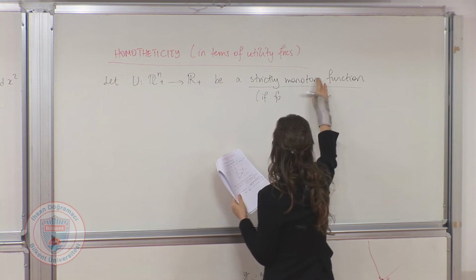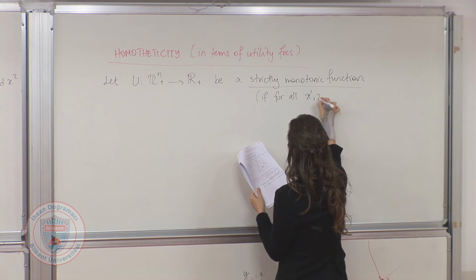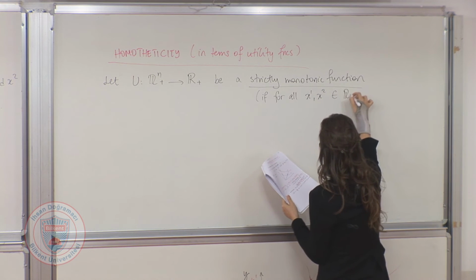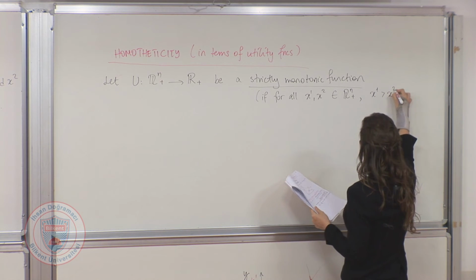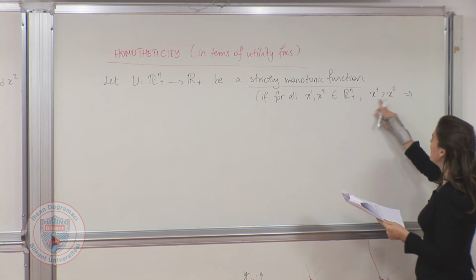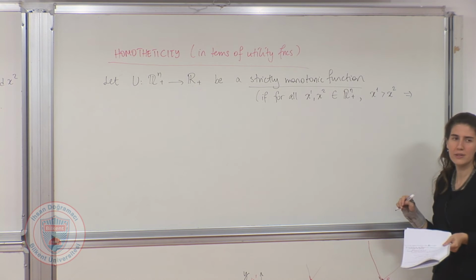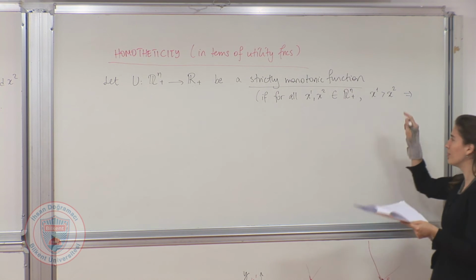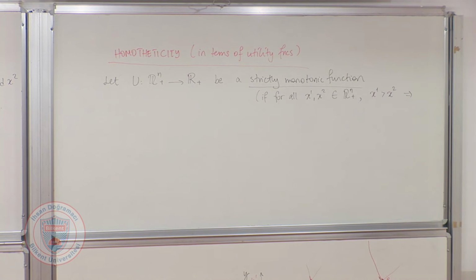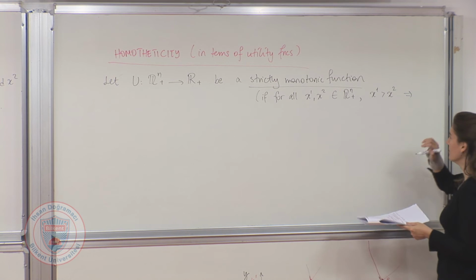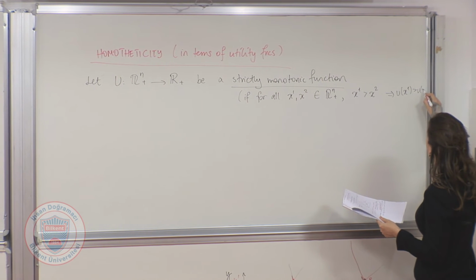It is strictly monotone if for all x1, x2, elements of Rn plus, x1 greater than x2, which means that all the arguments are strictly greater than the other's arguments. Remember, each has n arguments, and each argument of x1 is greater than the corresponding argument of x2. Then U of x1 is greater than U of x2.